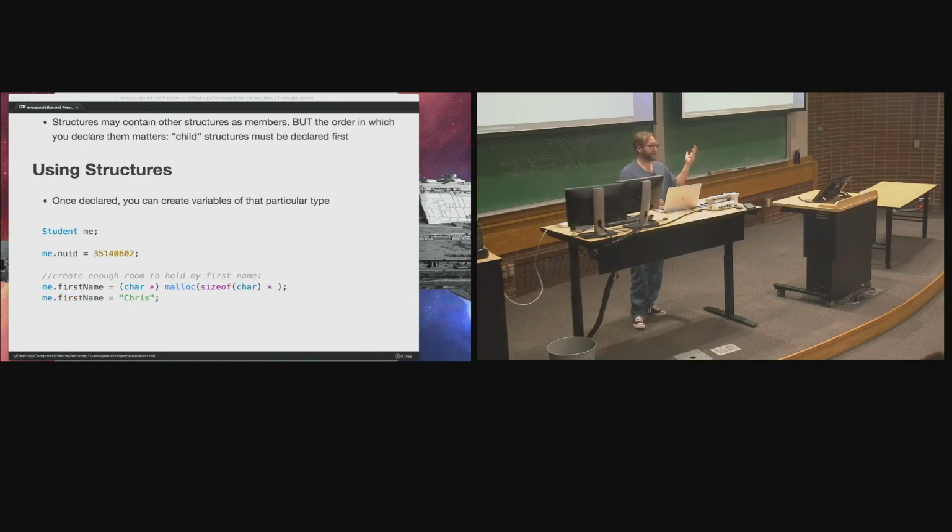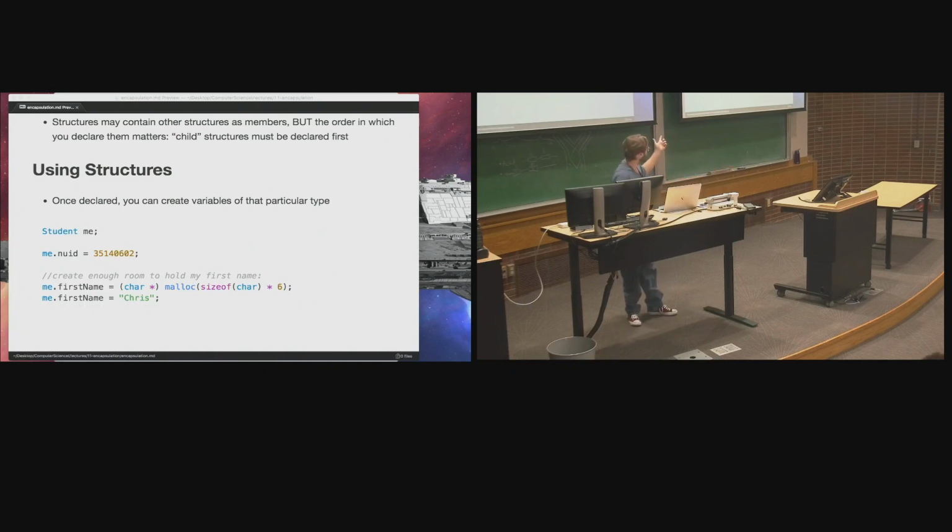I'll just go Chris, just 5. Is that enough? I need one more. Why? For that null terminating character at the end. So times 6. Now, once I've got enough room, it's actually pointing to this string of length 6, and I can put Chris into it.